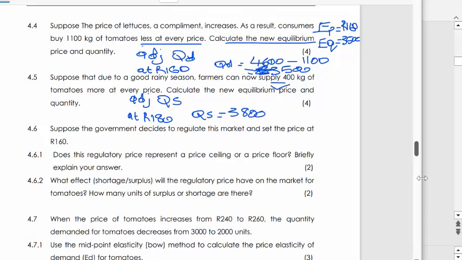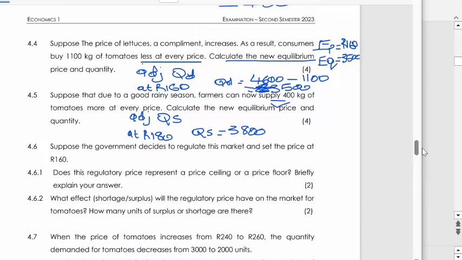So that's our main focus, right? We are going to say plus 400. Remember, the question states that there's a good rainy season, therefore farmers will be able to supply 400 more. So now that gives us 4,200.